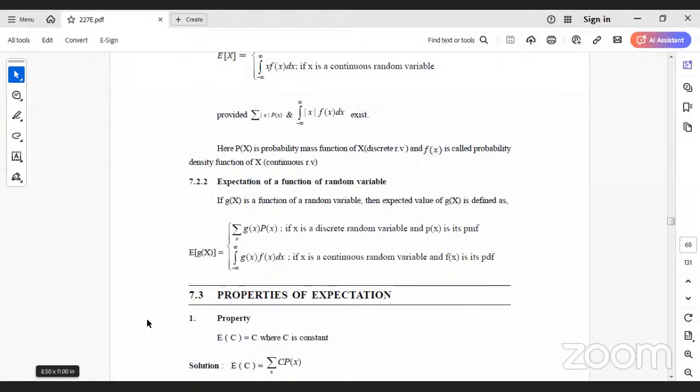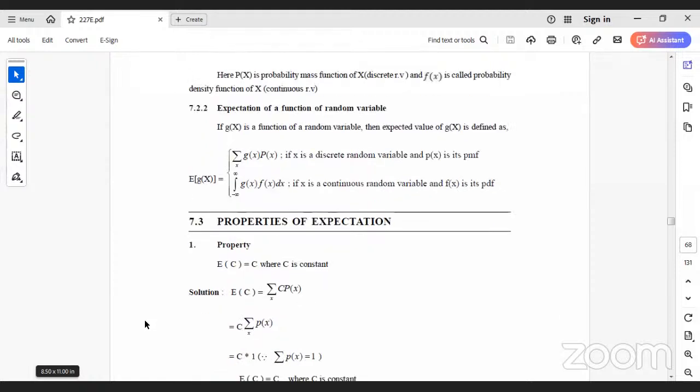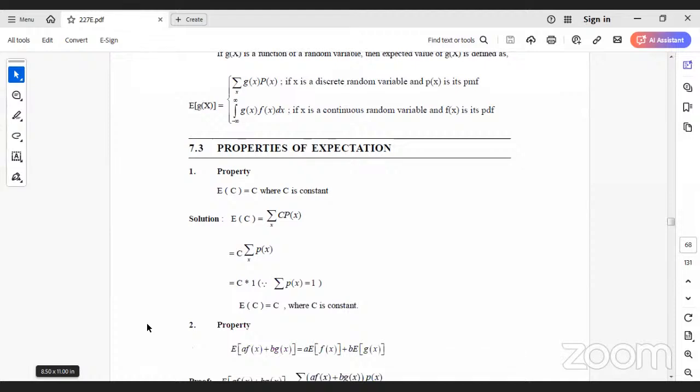So here it is very crucial: in the discrete case, it is p of x, the PMF, with summation; in the continuous case, it is the integration from minus infinity to infinity of g of x f of x dx, where f of x is the probability density function. What are the properties we are taking here?